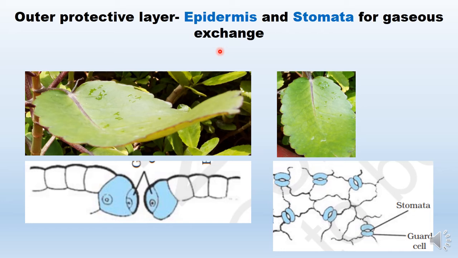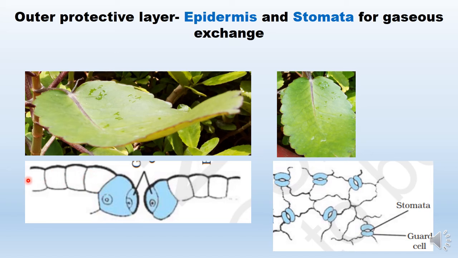So in plants, the outermost surface is epidermis, and epidermis has various vital functions. So we must understand its structure. Epidermis is made up of a single layer of flattened cells. So these are epidermal cells.